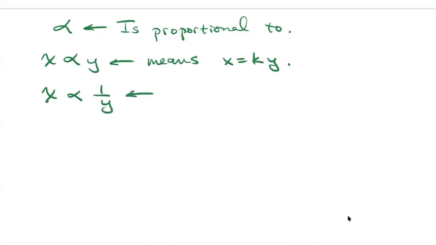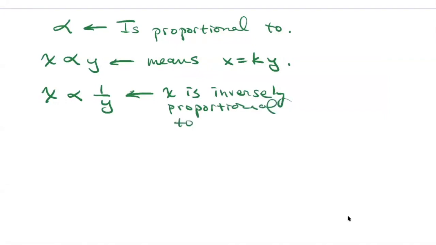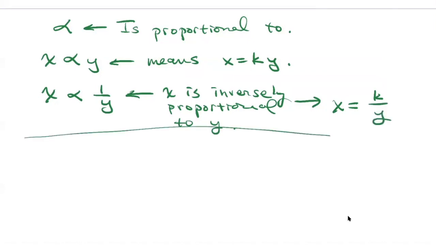So that means X is inversely proportional to Y. I don't know why I'm putting this up now. So that means that X is like K over Y. That's how you do inverse proportions.